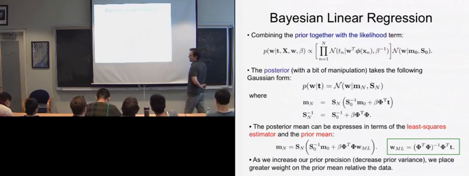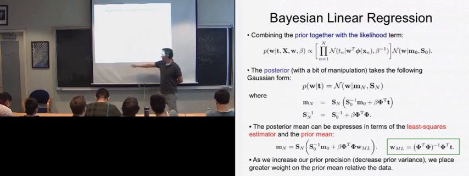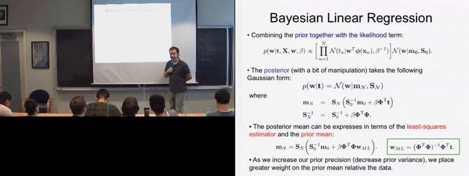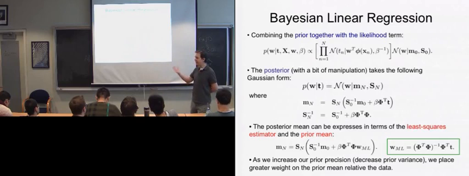One thing you should notice here is that if we increase our prior precision, we decrease our prior variance, so we increase this term here, then we're going to be placing a much bigger weight on the prior mean relative to the data. Let's say my prior mean is 0. I think that in my model, a zero weight vector a priori is a reasonable choice.